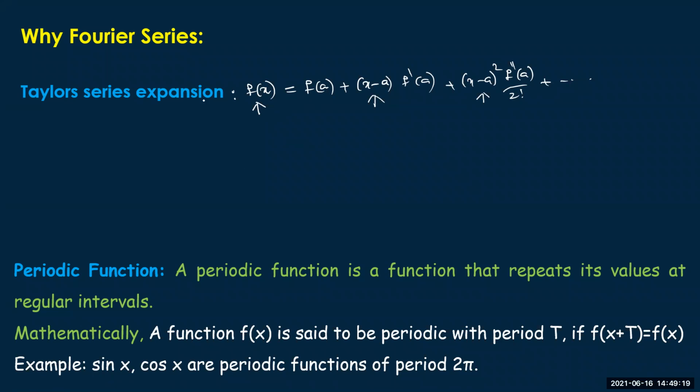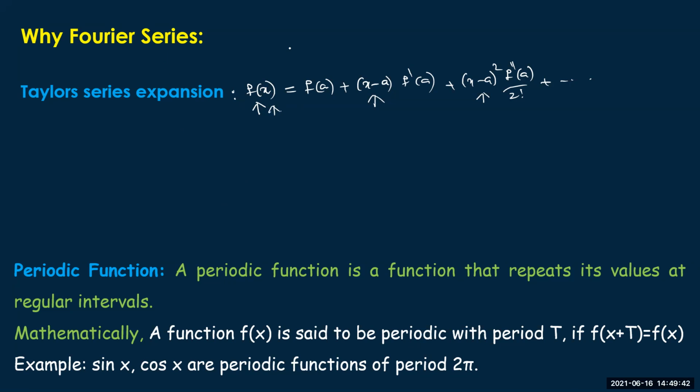Keeping that in mind: with Taylor series expansion, when it is a periodic function, we cannot expand it. When it is a discontinuous function, we cannot expand it. When it has more maxima and minima, we cannot expand it. So keeping all those limitations in mind, Fourier series was proposed.